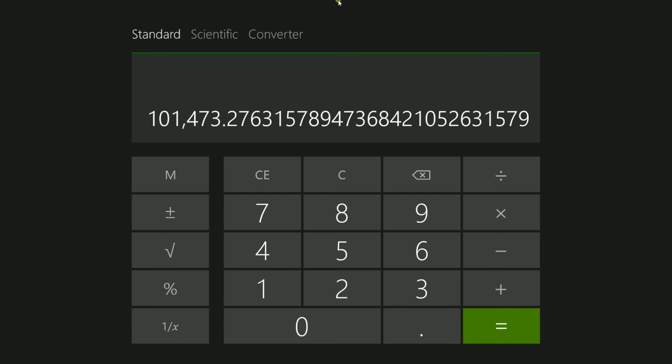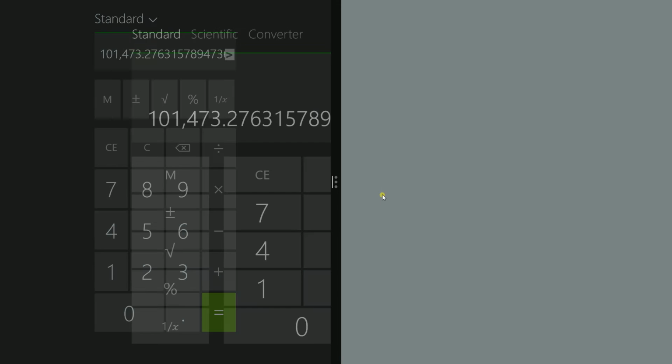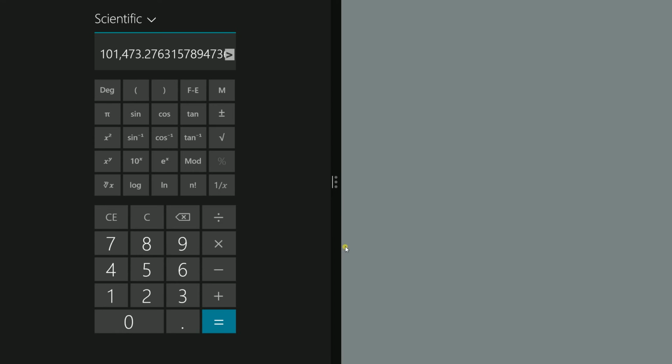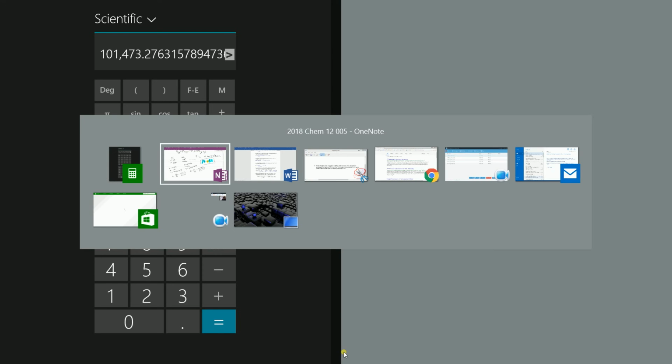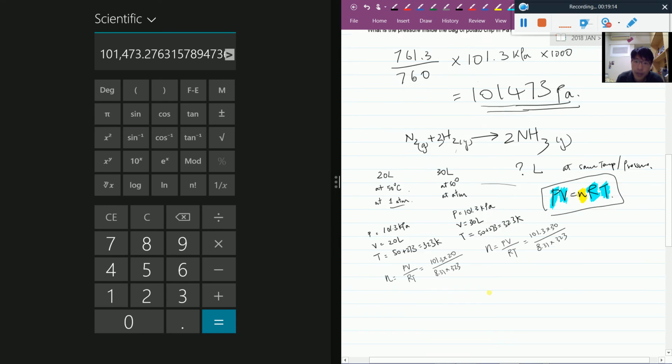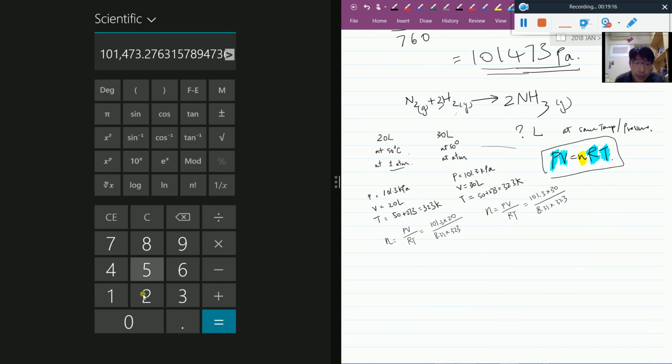For the calculators again, I like to use scientific, and at least we need to have a bracket for the scientific one. And what else do we do? 101.3 times 20 equals that.